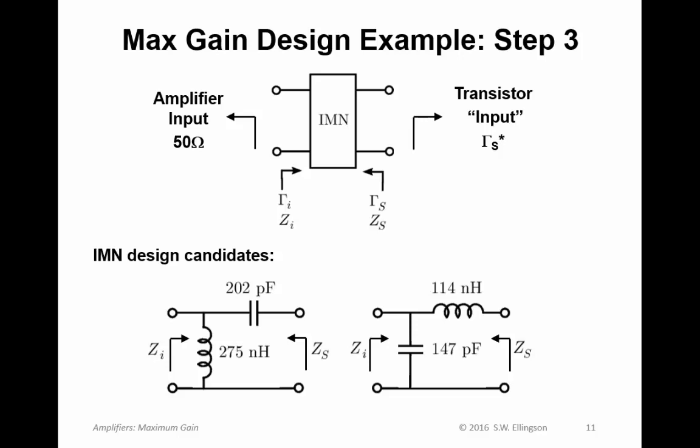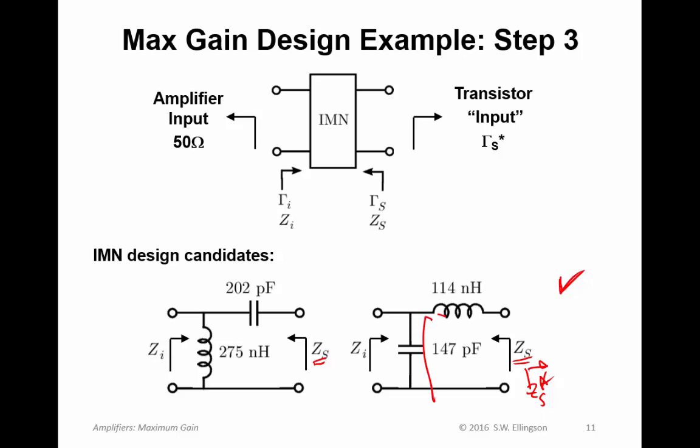However, you should make sure you can synthesize these two IMN networks. This will also confirm this business of ZS versus ZS conjugate and make sure you're doing everything right. Also, you can check that these are correct by evaluating these circuits. In other words, we know we want to see Z sub S conjugate looking this way.